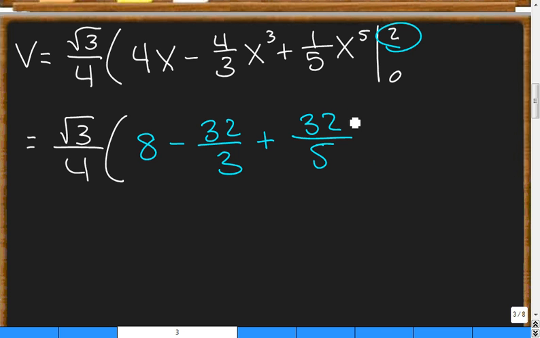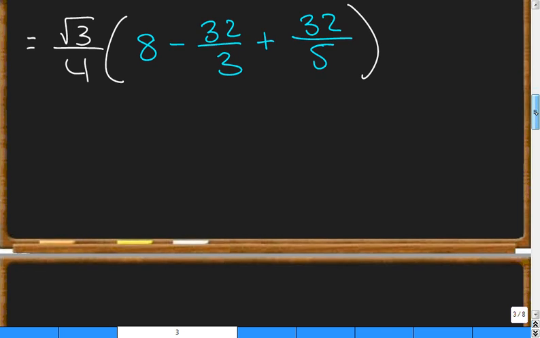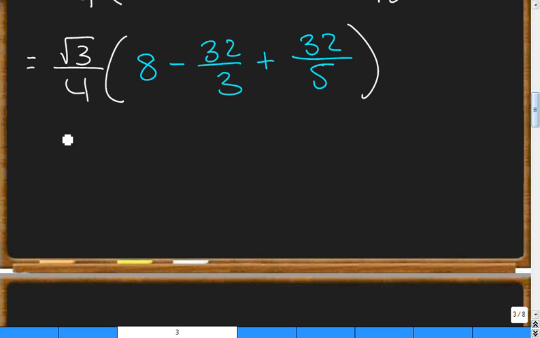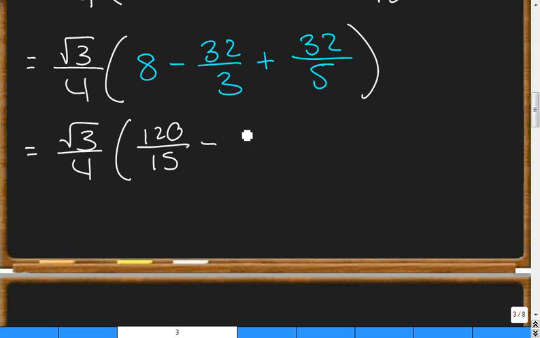So now we need to simplify. So we get the square root of 3/4 times, we've got 8. If we wanted to convert all of this to being over 15, this would be 120 over 15. This would be 160 over 15. This would be 96 over 15.